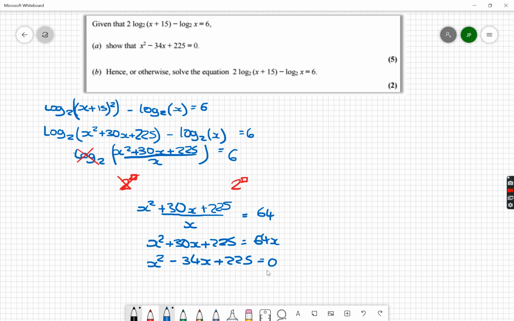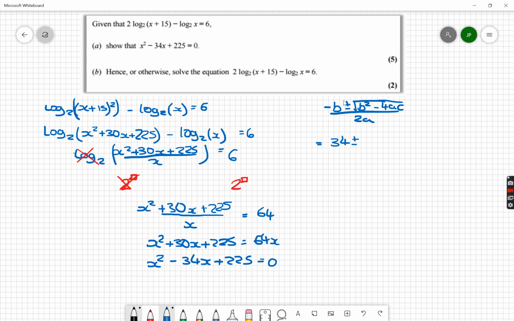Hence or otherwise solve. Well, we've got our quadratic, we've just got to solve it. Looking at this, the best idea is going to be to use the quadratic formula. So we'll plug that into our quadratic formula. Again, if you're going to use the solver on your calculators, that's fine, but you have at least got to show the substituting in first.